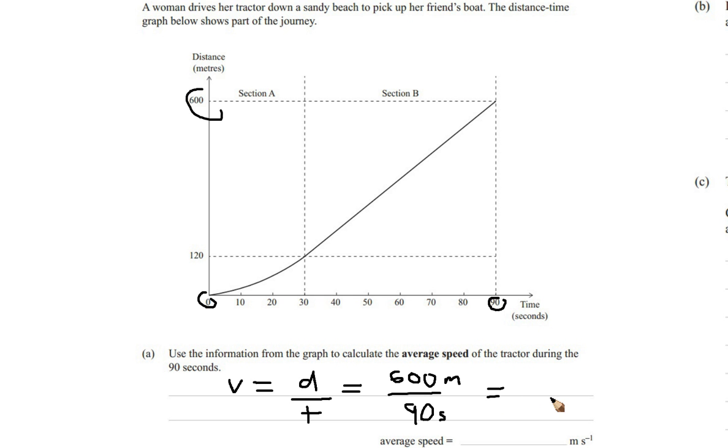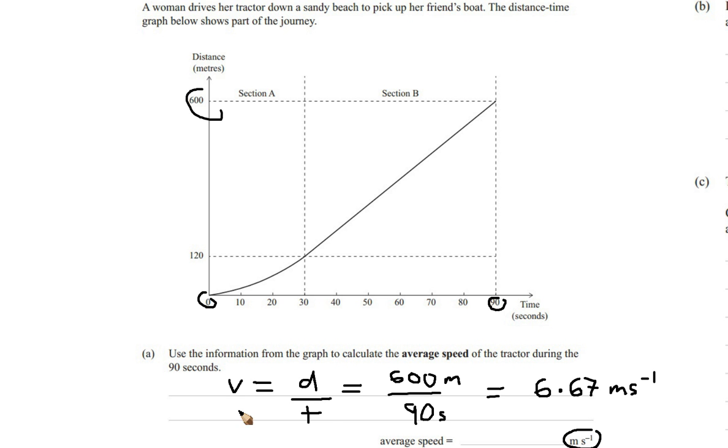If we plug that into a calculator, I'll just double check that, 600 divided by 90, yep, now on your calculator will say 6.666, we're just going to round that to say 6.67 meters per second. Okay, so we've got 6.67 meters per second, and they were actually nice enough to even give us the unit here.